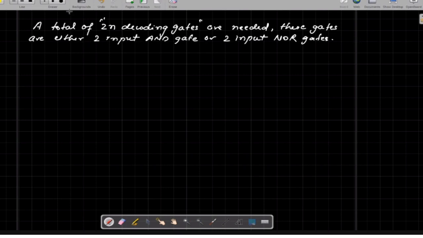Okay, let's try to understand where we actually use and how to construct this decoding network with the Johnson counter.